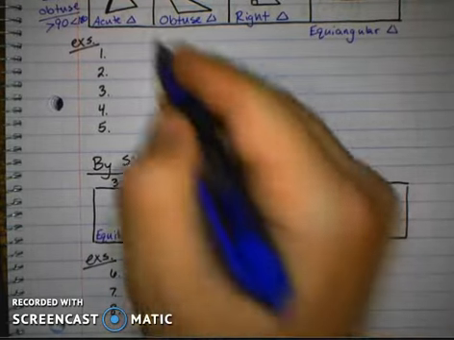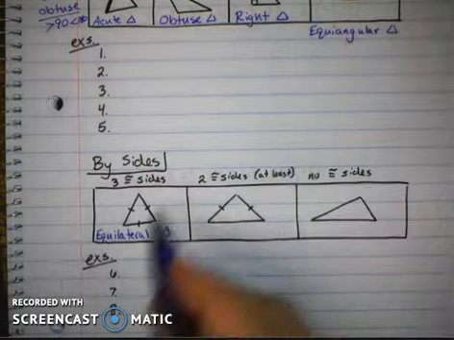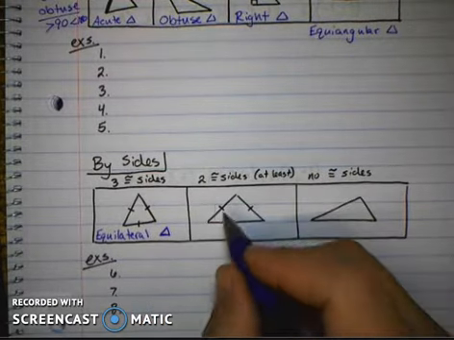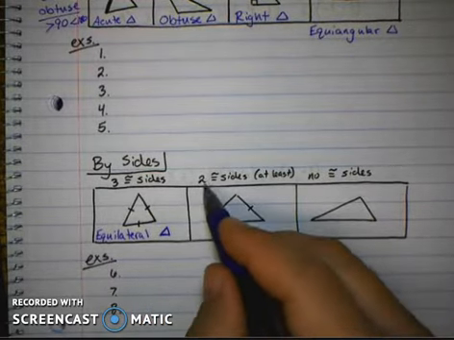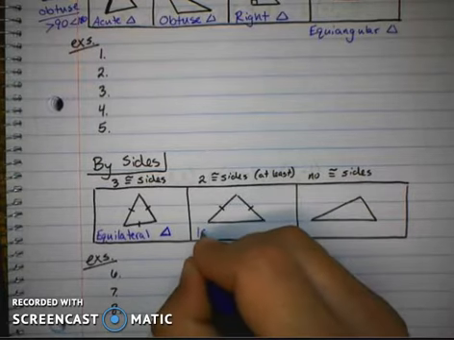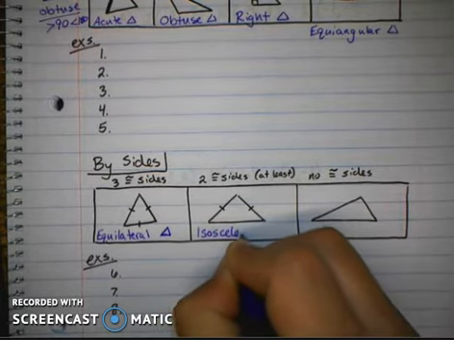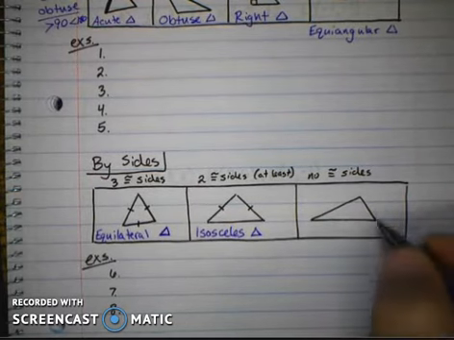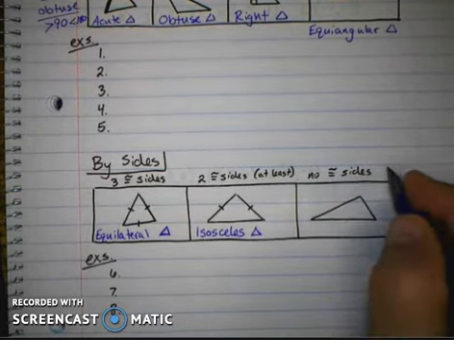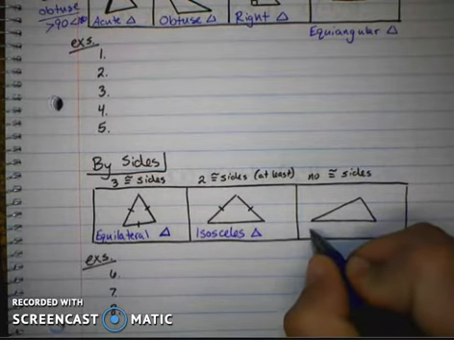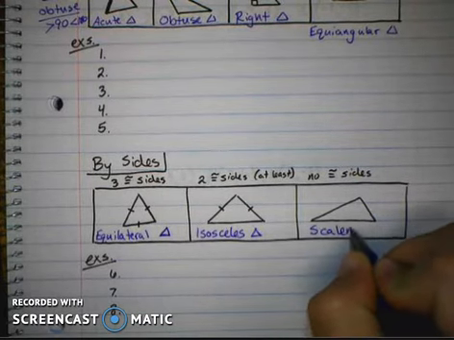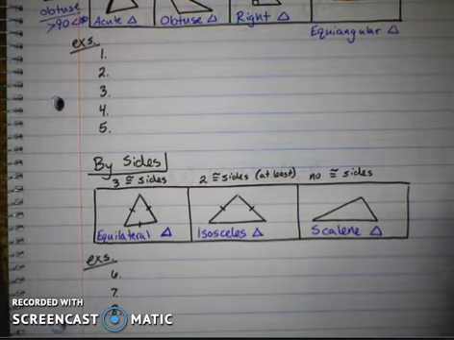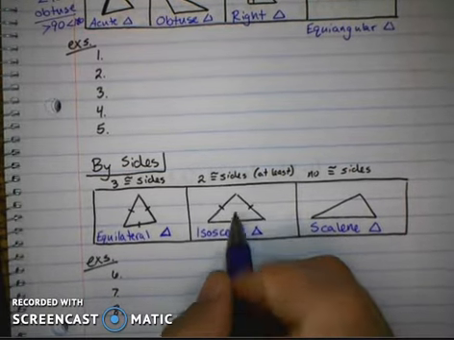You notice I'm using the symbol for triangle instead of the word triangle each time. If a triangle has 2 congruent sides, we call that an isosceles triangle. And if there are no congruent sides, we call it a scalene triangle.